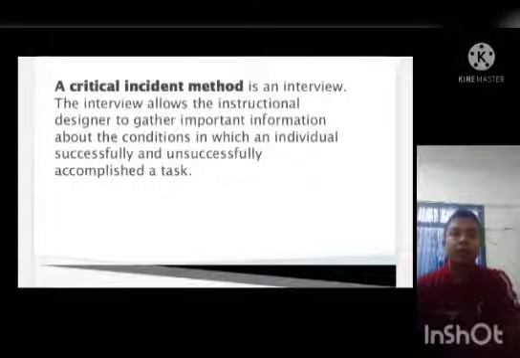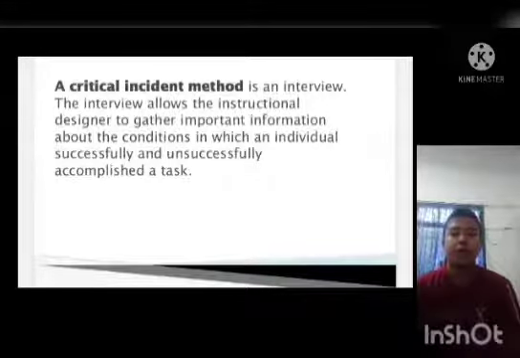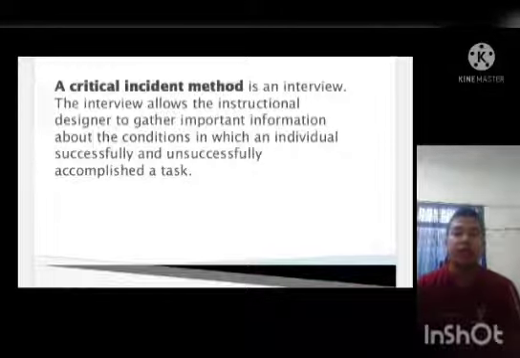And then next is about the critical incident method. The critical incident method is an interview. The interview allows the instructional designer to gather important information about the conditions in which an individual successfully and unsuccessfully accomplished a task. Interviews can be direct or indirect.